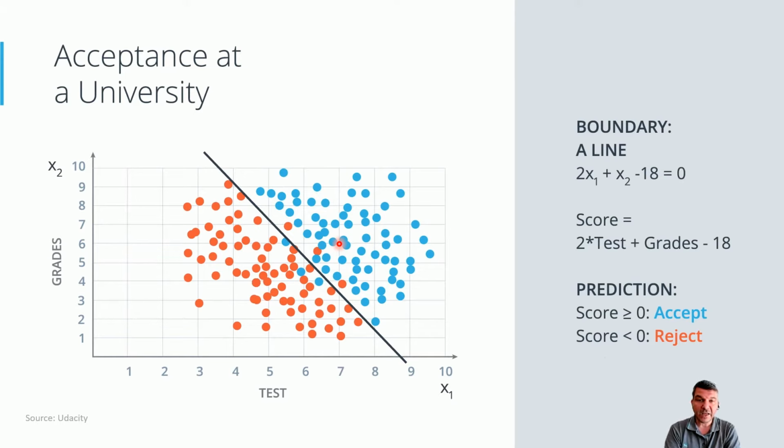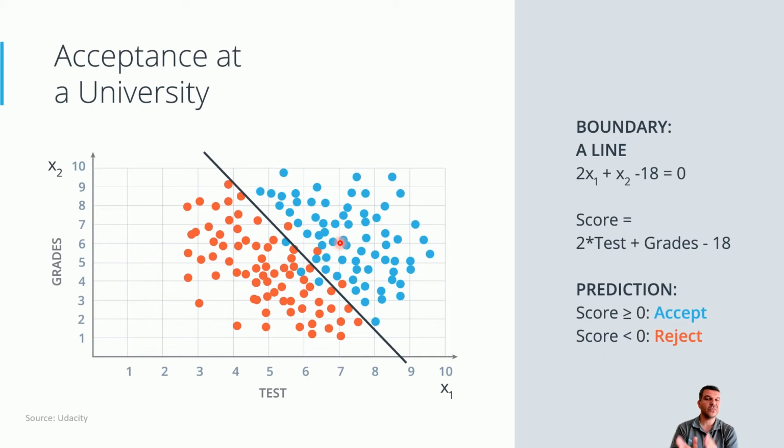Now, 2 times the test score 7 is 14, plus 1 times 6 is 6, that makes 20, minus 18 equals plus 2. So indeed, plus 2 is greater than 0, so that person gets accepted. So our model defines that this point is in the blue area.